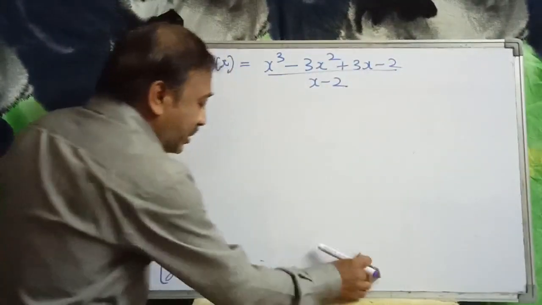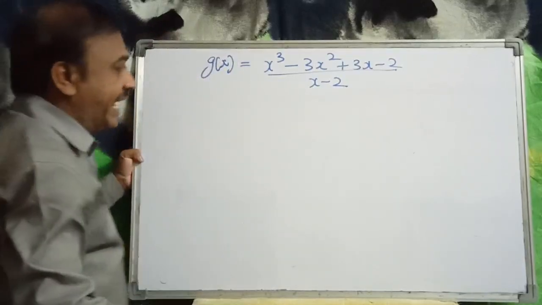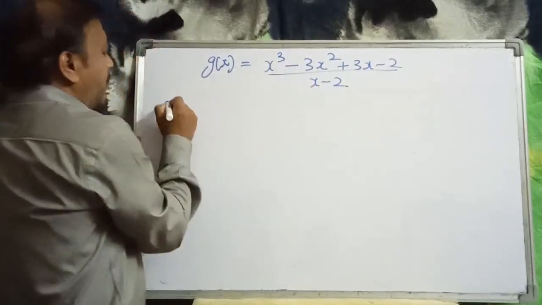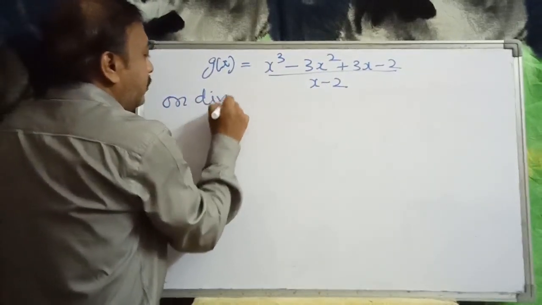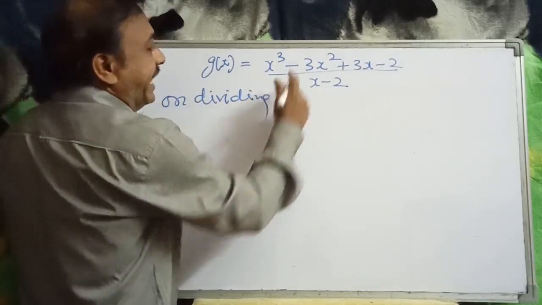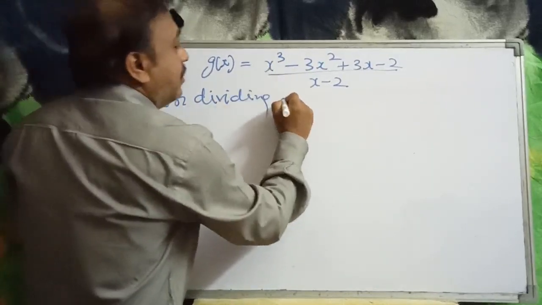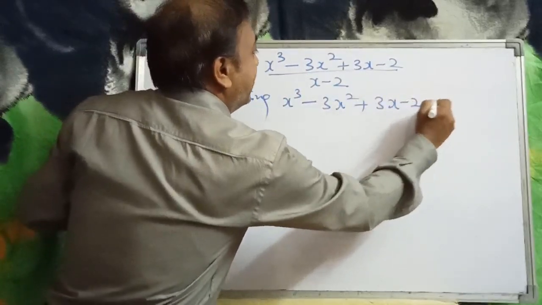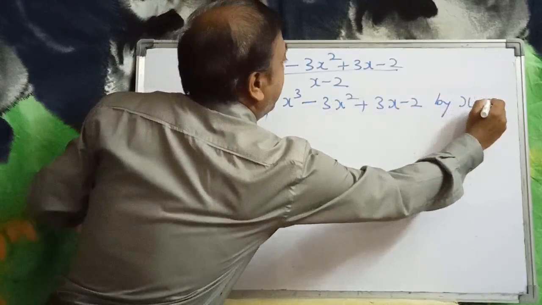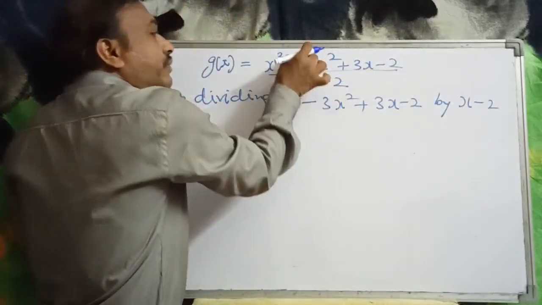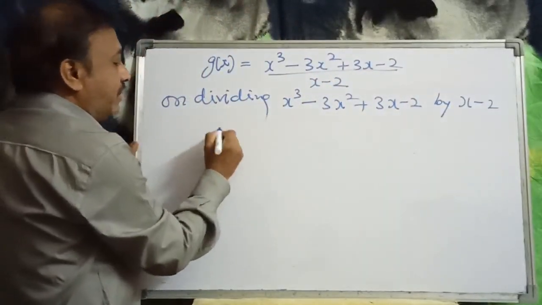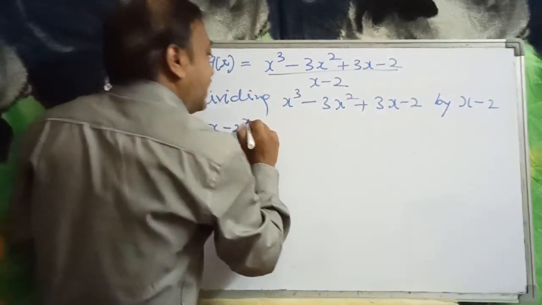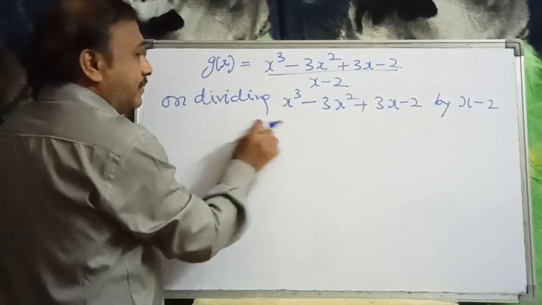The operation between these two is multiplication, so when you transpose this side, it divides. That means now we are going to divide x cube minus 3x square plus 3x minus 2 by x minus 2. So x minus 2 will be outside, and that is the divisor.